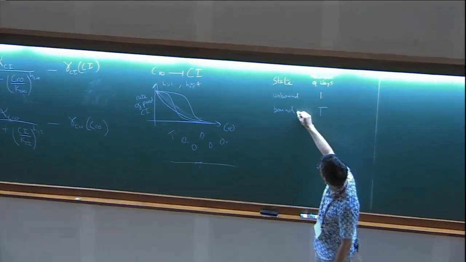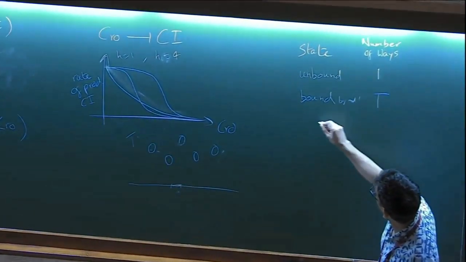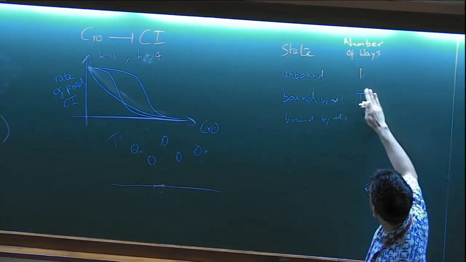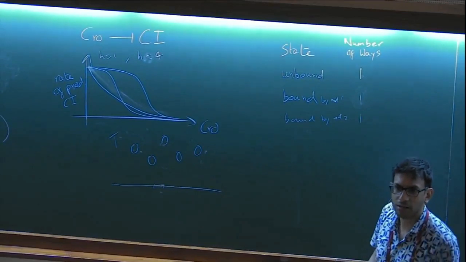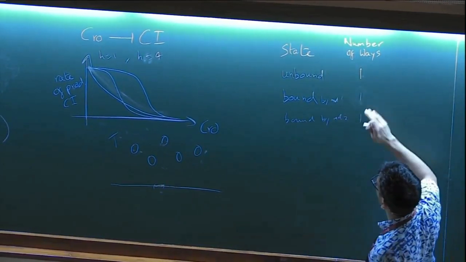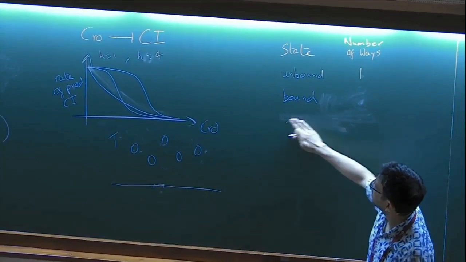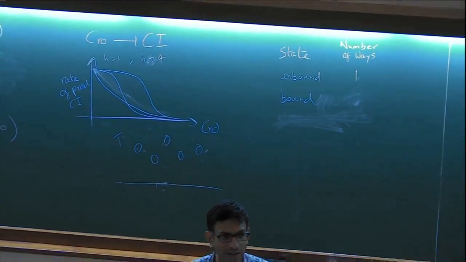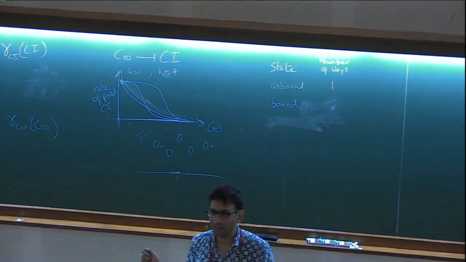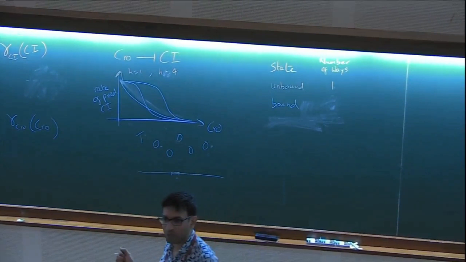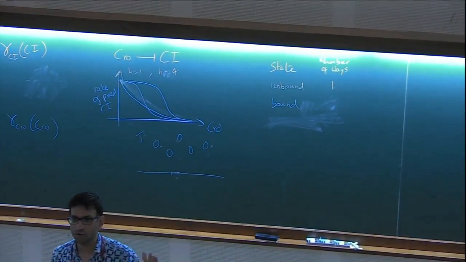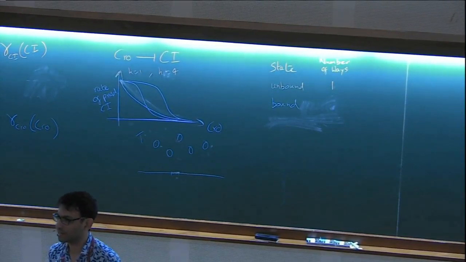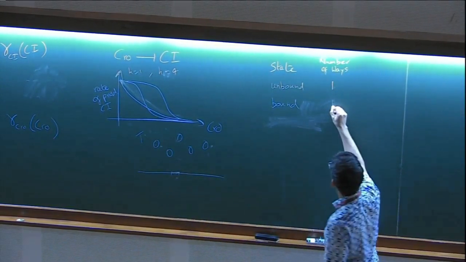I said bound by molecule 1, bound by molecule 2, and so on. And then it would be one way, one way, one way. But I'm going to just bunch all of these into one state. It's not totally unlike what Olivier did. He also, if you remember, had sometimes many different ways in which you could be unfolded, but only one way in which you could be folded. So depending on what you're interested in, you can bunch a lot of states together as one state and just keep track of how many ways you can have it.